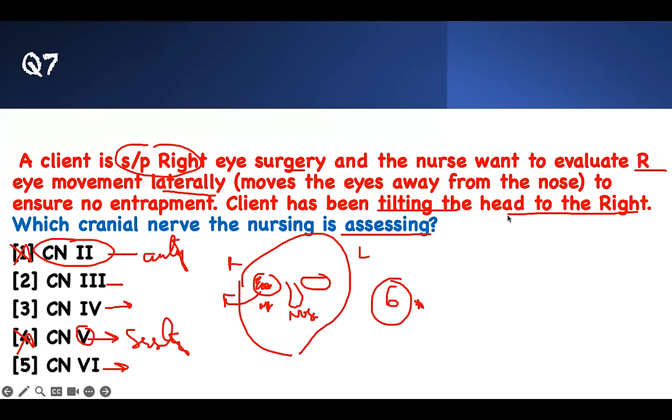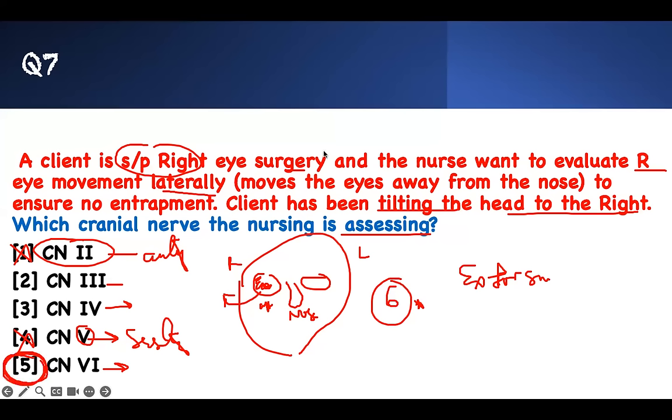That's why he's tilting the head towards the right. When 6 is affected, in order to avoid double vision and extortion, he's going to tilt the head towards the right. So this is a cranial nerve 6 problem.